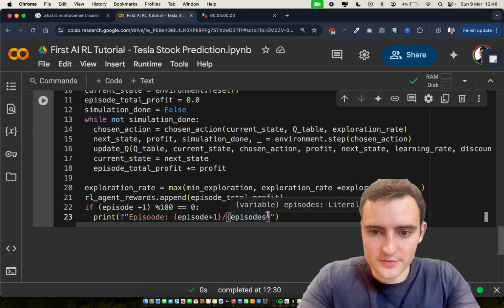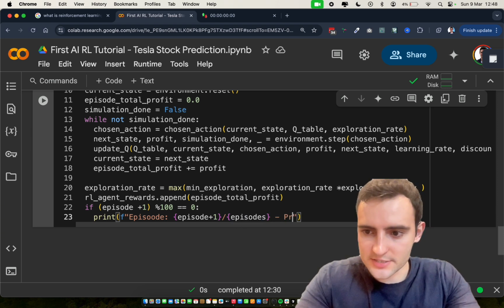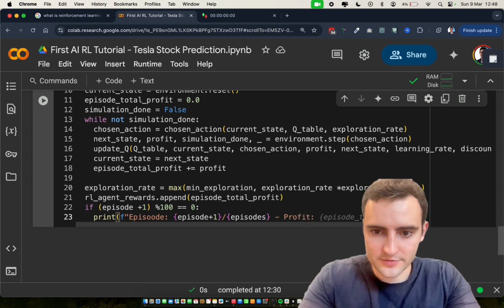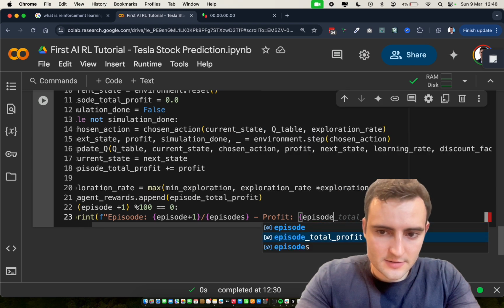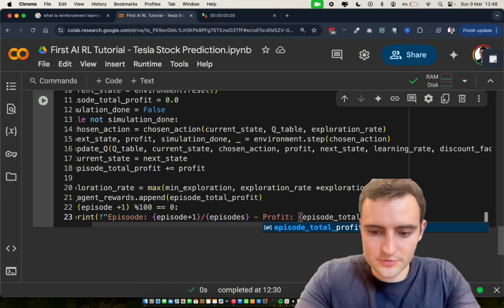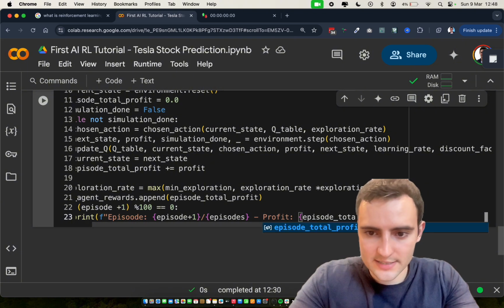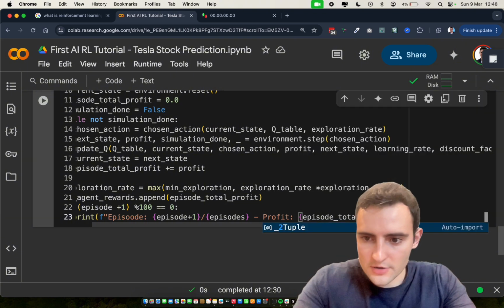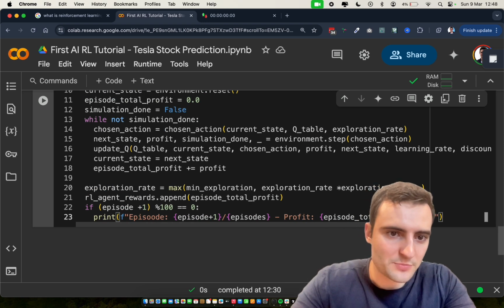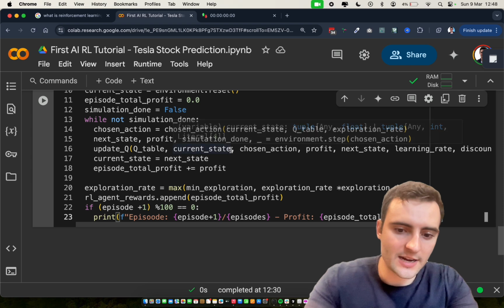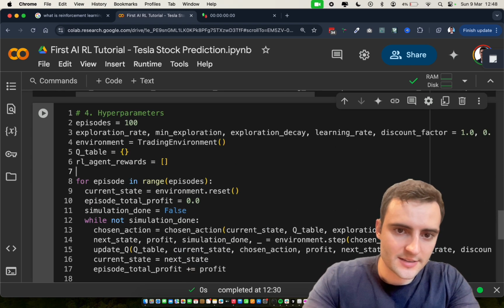And then we write the total profit here, which is episode_total_profit. And we're just going to do the 2 decimal places like this. Cool. So that is pretty much it when it comes to, you've now actually created proper hyperparameters and training.